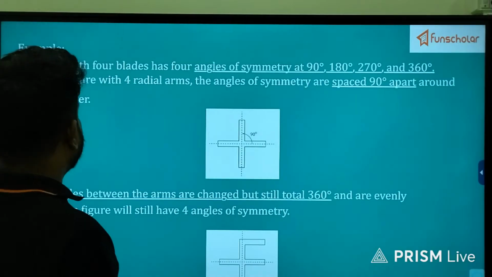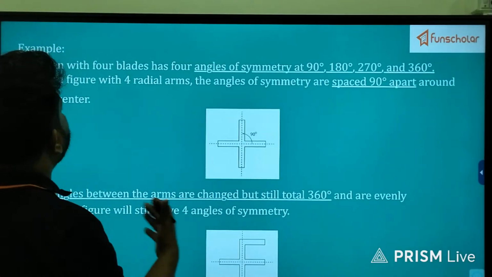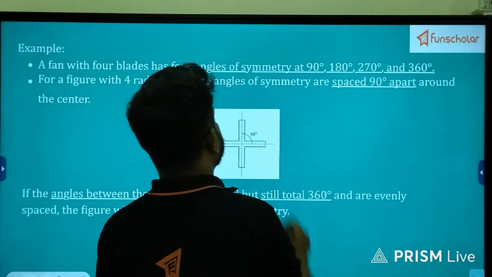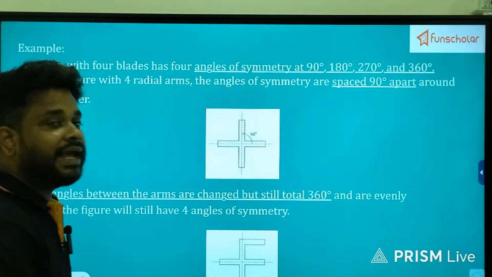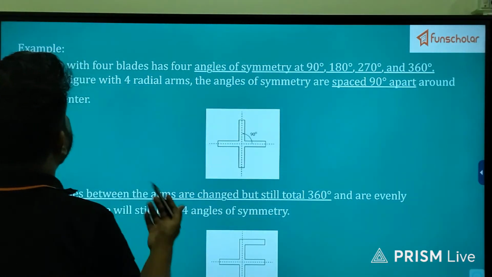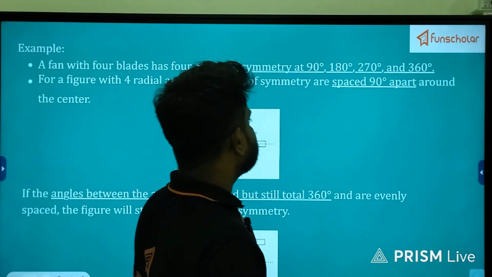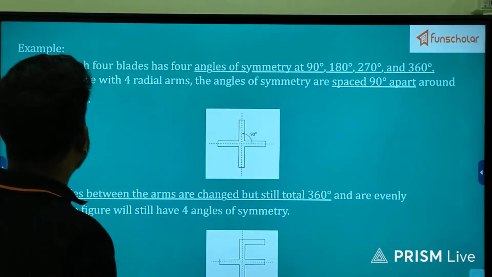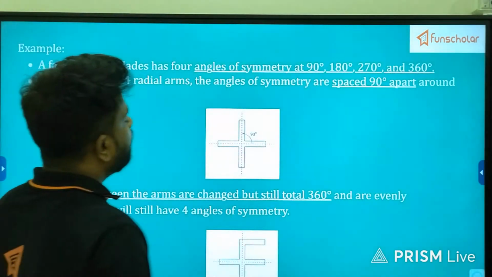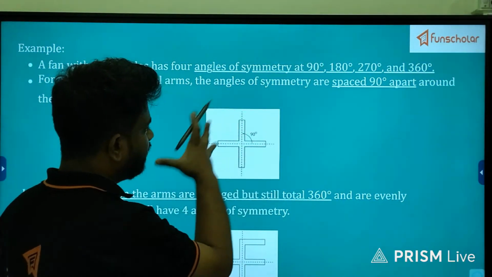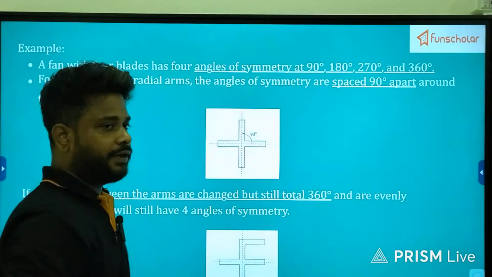The next thing: a fan with 4 blades has 4 angles of symmetry at 90 degrees, 180 degrees, 270 degrees and 360 degrees. For a figure with 4 radial arms, the angles of symmetry are spaced 90 degrees apart around the center. Obviously, just try to figure it out with this figure.